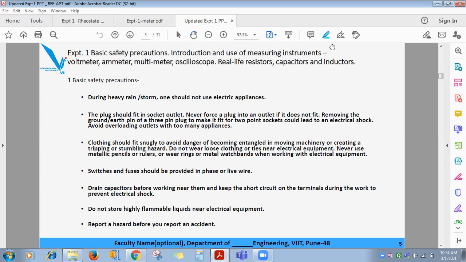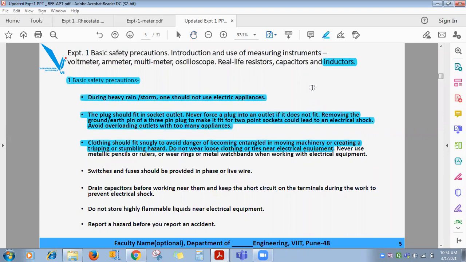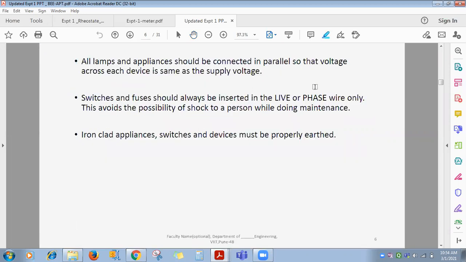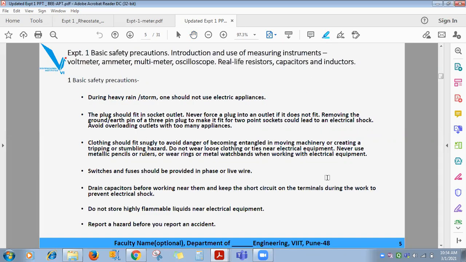Suppose this is the socket. Whatever the socket is, that has an earthing terminal.